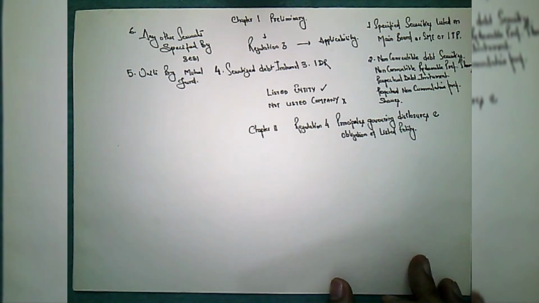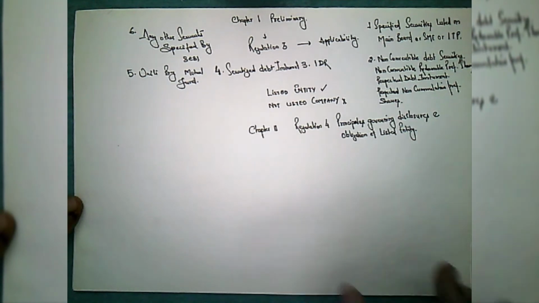The listed entity which has listed securities shall make disclosure and abide by its obligation under these regulations in accordance with the following principles. That's the first of what it states.